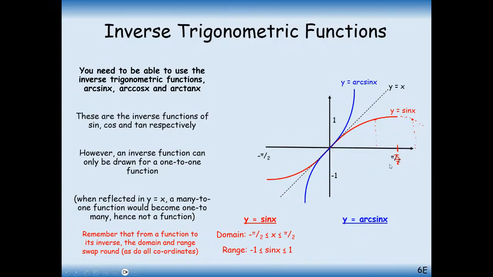So arcsine, shown here in blue, is bounded between the values of -1 and +1, because again we needed this domain to be bounded between these values, so that when we take the output, it can be the input of the function.